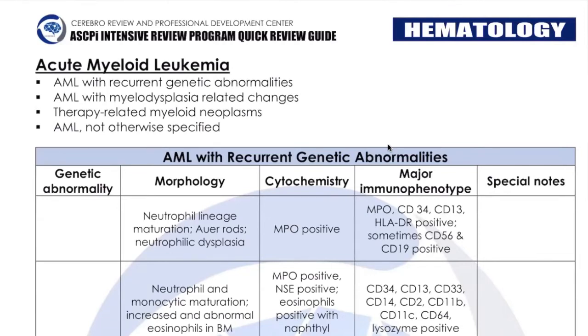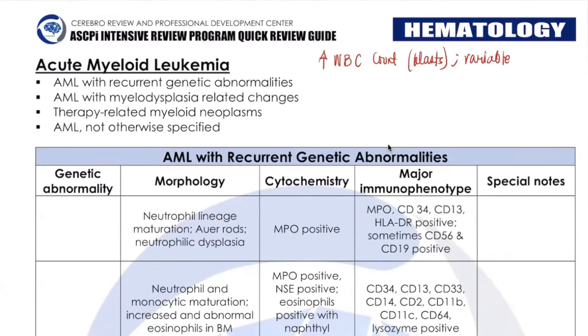However, it varies depending on the type of acute myeloid leukemia. Pero again, increase yung ating WBC count because of the presence of the blasts, but somewhat variable depending on the type of leukemia.